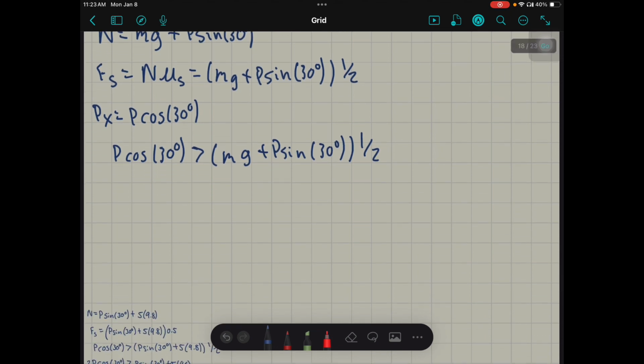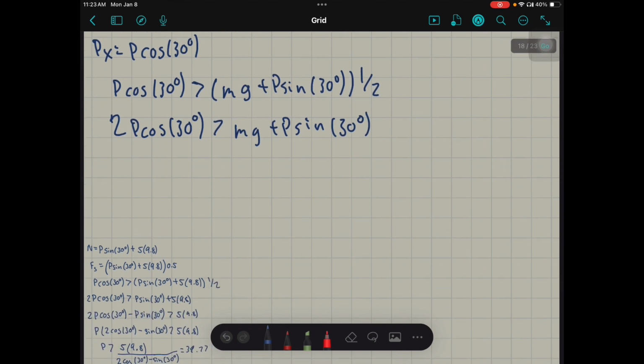Now from here, we're going to go ahead and solve for P. We can get rid of the 1/2 and move it over. We have 2 P cosine of 30 degrees, which is greater than mg plus P sine of 30 degrees.